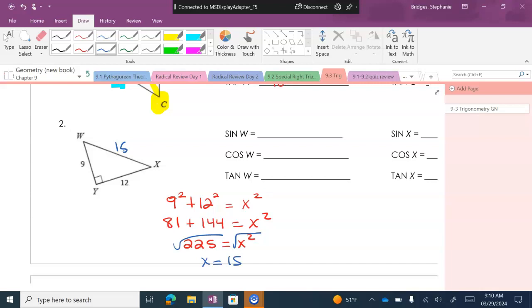Your angle is opposite, so that goes on top. Then what's next to it? Adjacent, not the hypotenuse, but the adjacent. Yes. And then come back, one more. You can do those. You can do it.